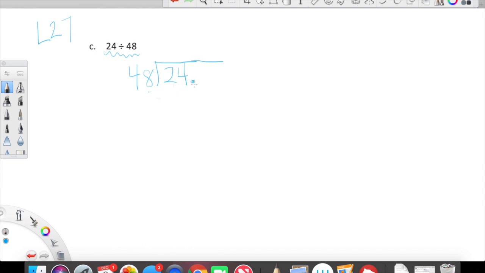I'm going to go ahead and insert our decimal point, and I'm going to label the fact that we have 0 tenths. And now we're going to think about this number as 240 tenths. Well, if I have 240 tenths, which we do right here, we can absolutely divide 240 tenths evenly across 48 groups.